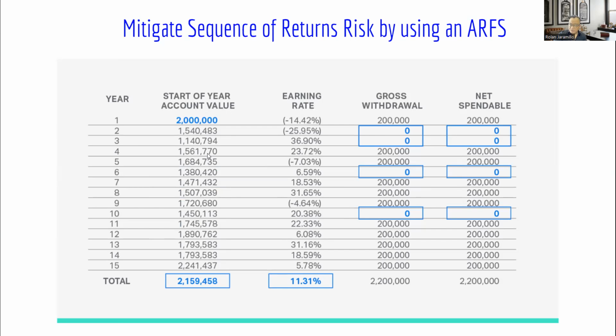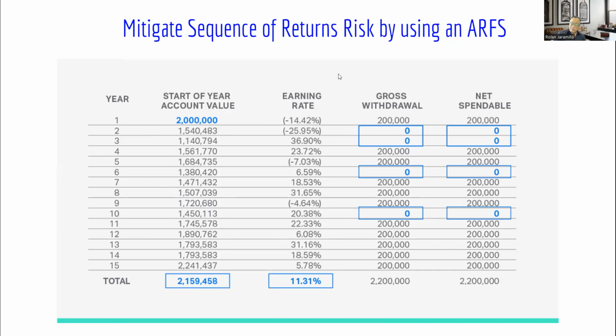So here's the catch. Where do you get this money from? You're not working anymore. It's got to come from somewhere. Introducing you now to what I call the alternative retirement funding source, or ARFS. Called a bunch of different things, volatility buffer, whatever.